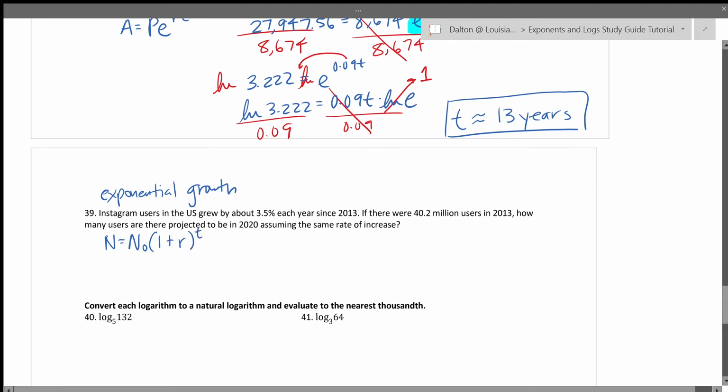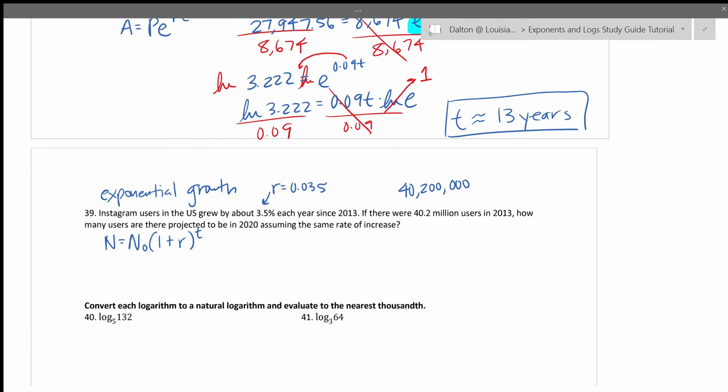So other things to be conscientious of: 3.5% is going to be a rate of 0.035. Additionally, 40.2 million users is 40,200,000 users. So you have to make sure that you convert those numbers correctly.